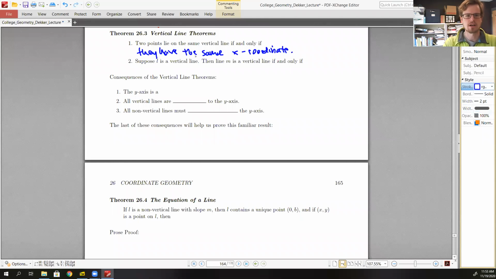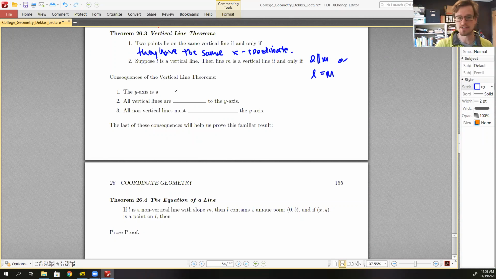But also, if we have a vertical line L, then M is a vertical line if and only if the two lines are parallel to one another, L is parallel to M, or that L is in fact the same line as M. Okay, this doesn't seem like anything too spectacular, but it tells us a few different things.